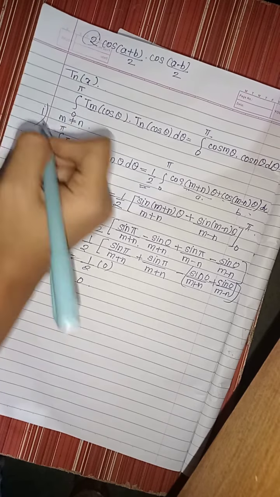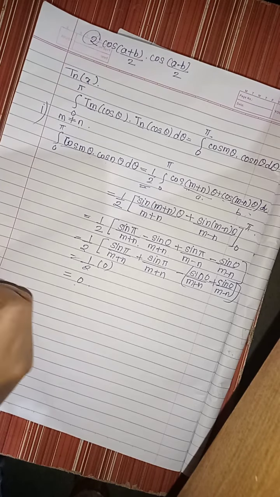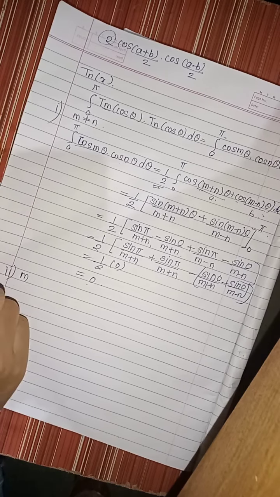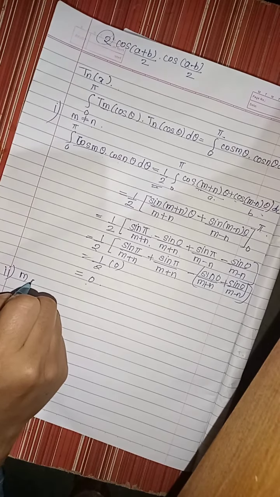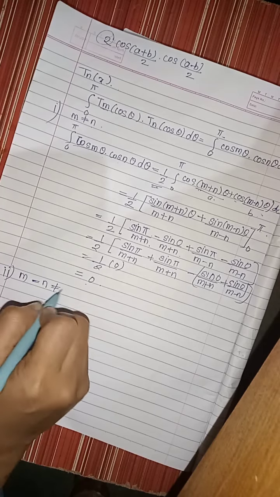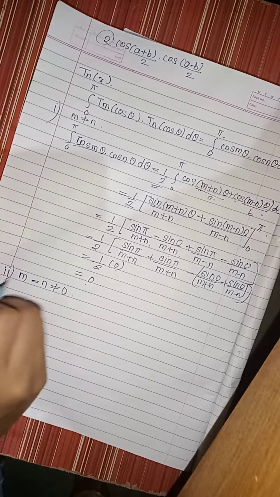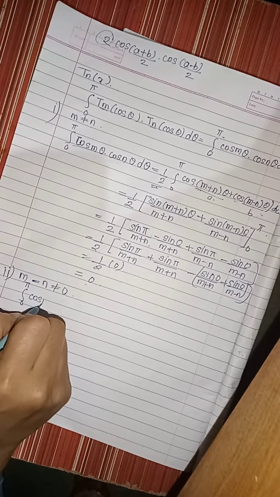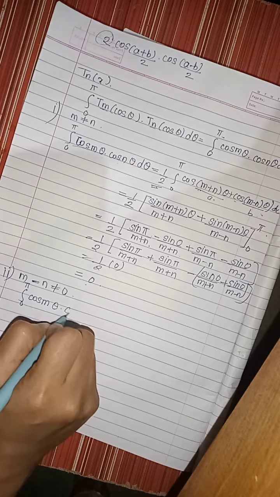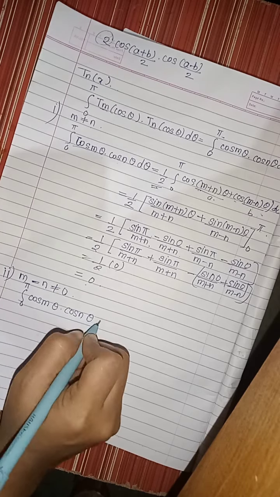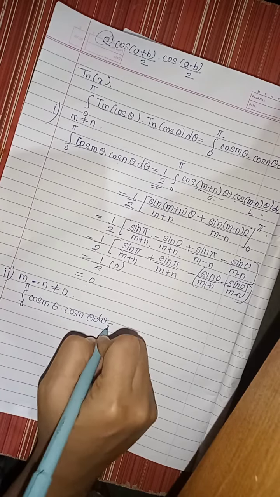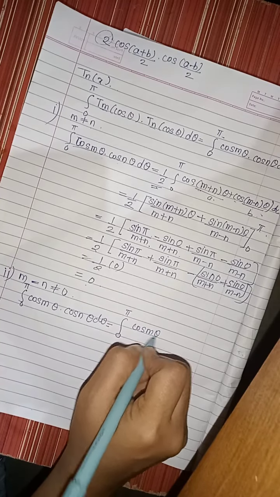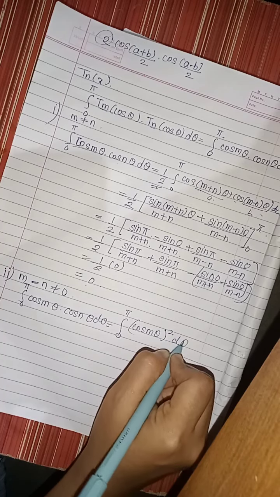So we'll see the next case. This was case first. Now we'll see the case second, where m is equal to n, but it is not equal to 0, that is any non-zero number. So integral 0 to pi cos of m theta into cos of n theta d theta is nothing but integration 0 to pi cos of m theta whole square d theta.